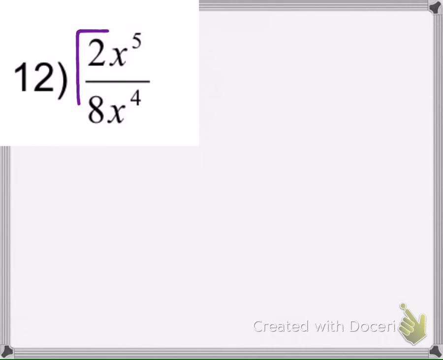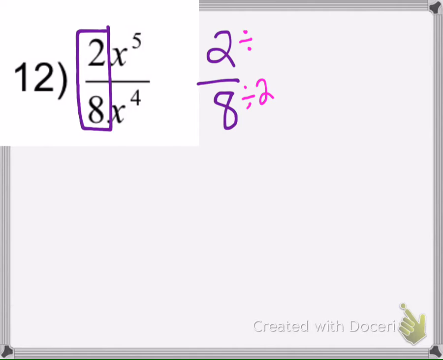So the 2 and the 8 are coefficients. They don't have exponents in the upper right-hand corner. So we're going to simplify 2/8 as if it was a regular fraction, how we would simplify. They both have 2 as a factor, so we'd get 1/4.